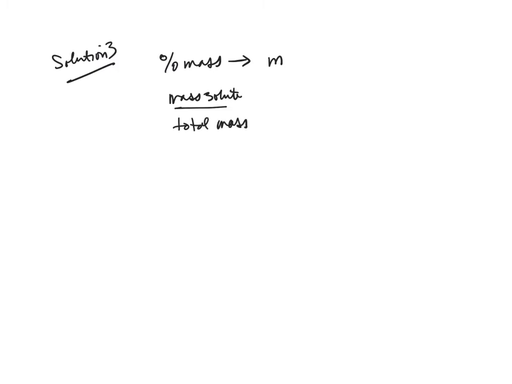So solution 3, then you're going from percent mass to molality as your first one. This is percent mass, and you're going to do all 3. So for this one, remember the definition is mass of solute divided by total mass of solution times 100.